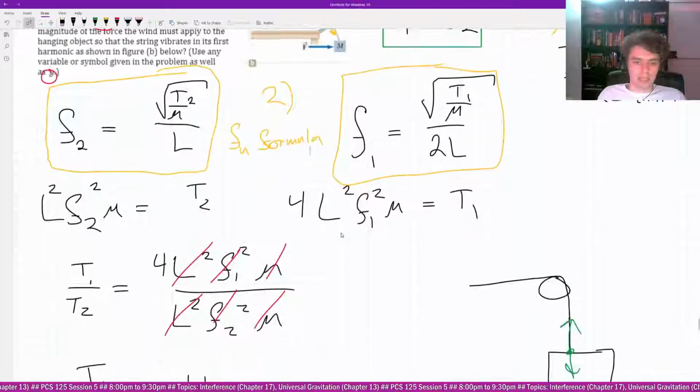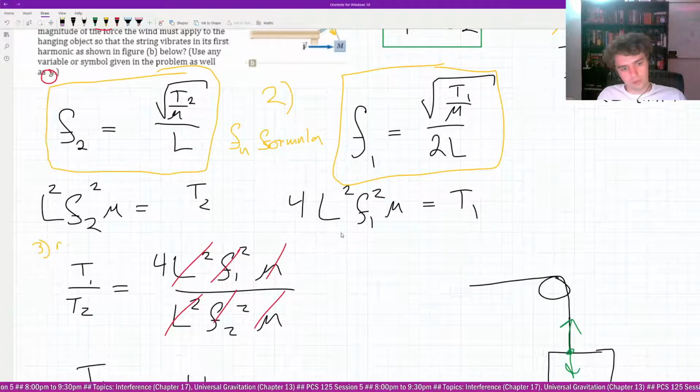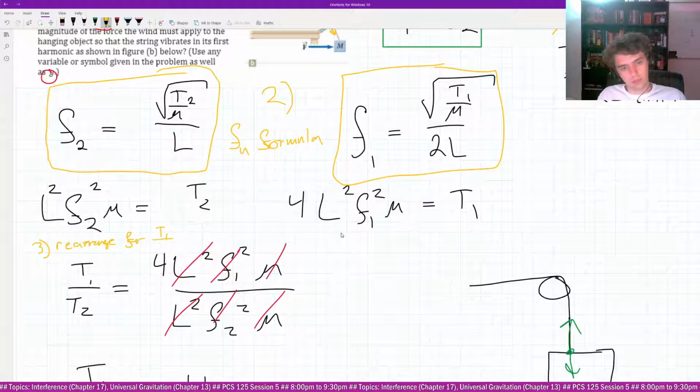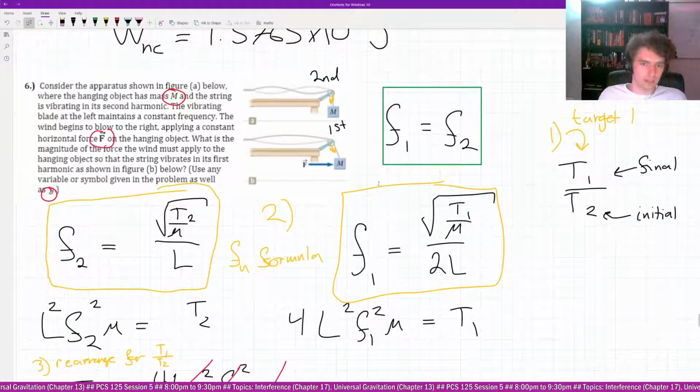Then in step 3, I rearrange for T1 over T2. And remember, T1 is not T in the first situation. T1 means T with the first harmonic, so the first harmonic is the second situation, and the second harmonic is the first situation.